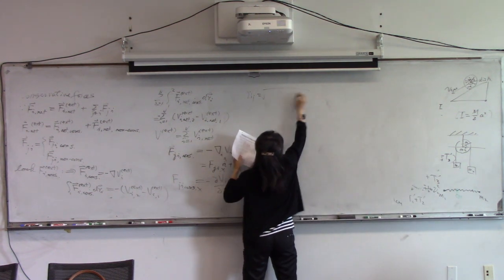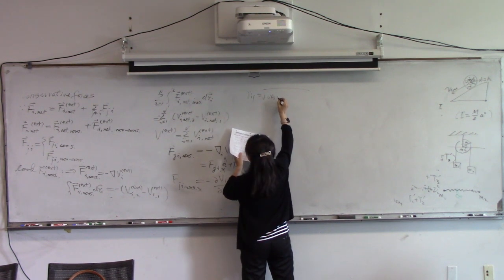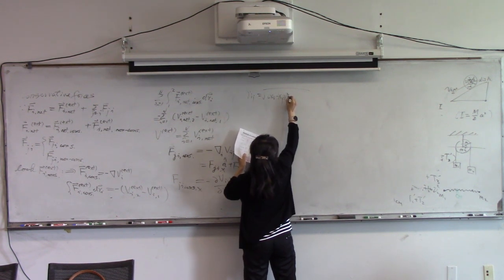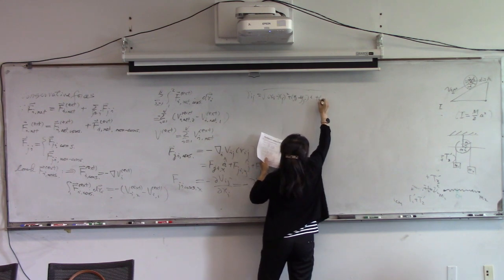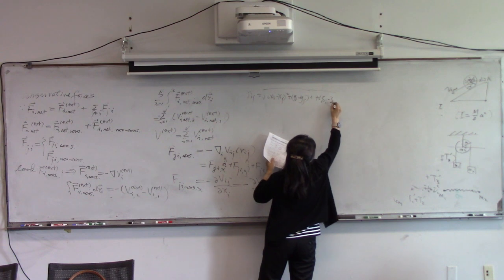Rij is the square root of (xi minus xj) squared plus (yi minus yj) squared plus (zi minus zj) squared, right?